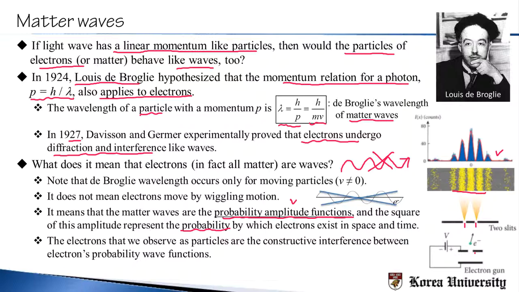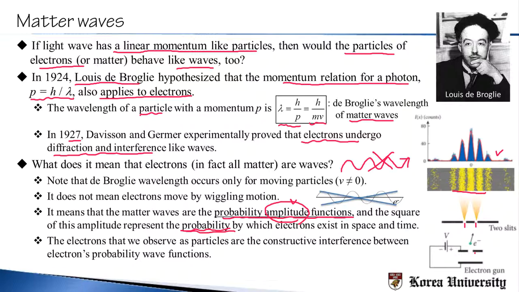Just like that. Now the wave of this electron, we will use the sine function or cosine function to represent the matter waves of the electrons, and that is called the probability amplitude, because you have to take the square to get the real probability. Okay, so this is the idea of the matter wave.